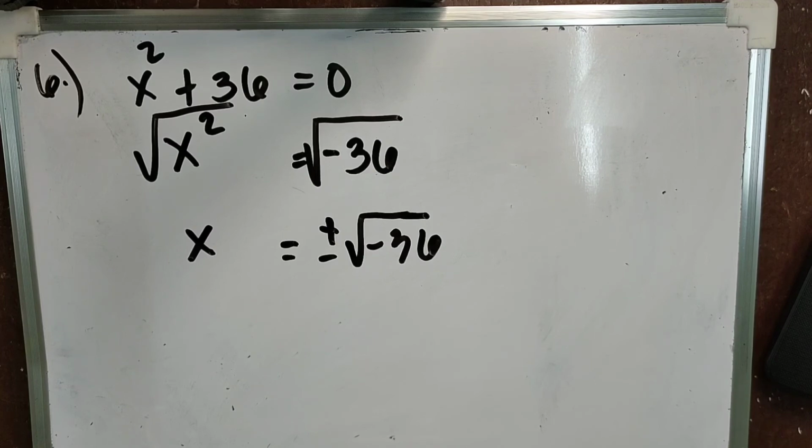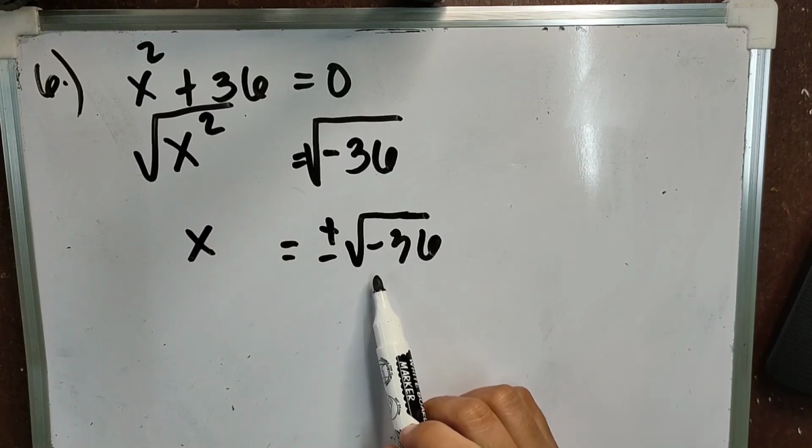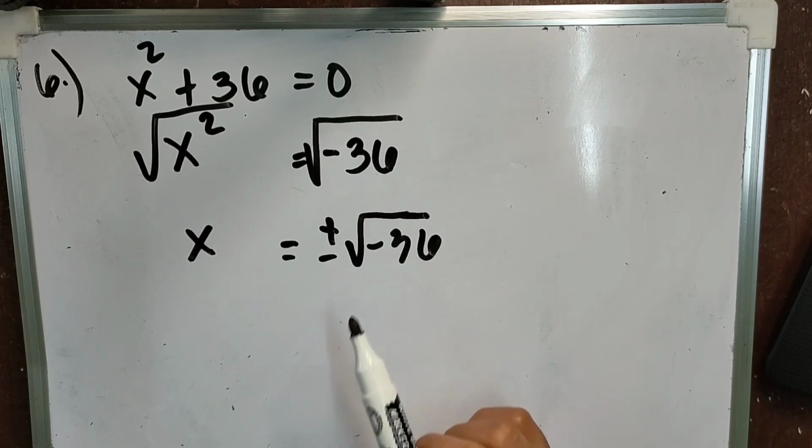Notice that the radicand is negative, and we all know that a negative radicand has no square root in the set of real numbers. So in other words, square root of negative 36 is not a real number. However, it does not mean that there is absolutely no solution.